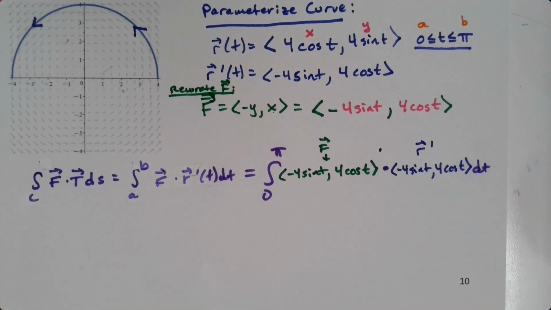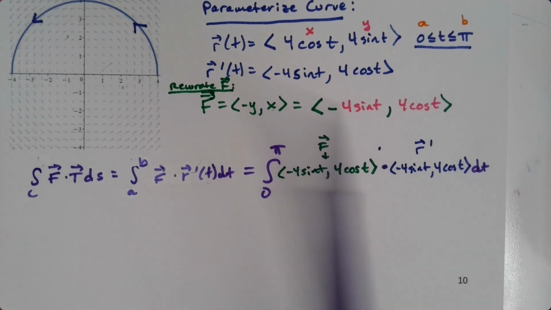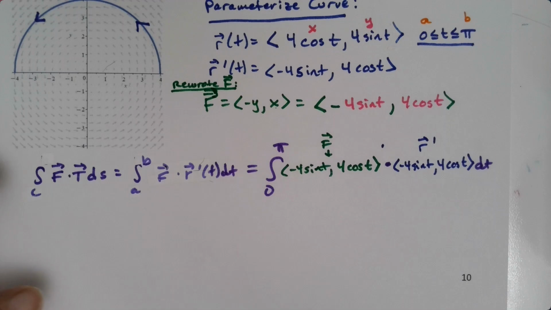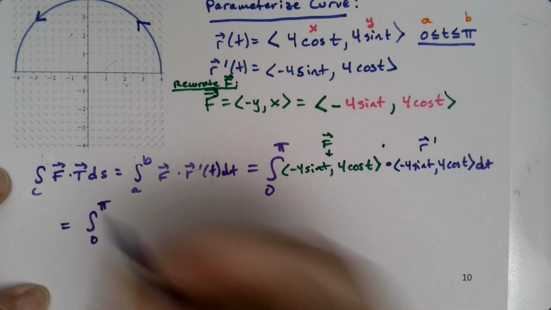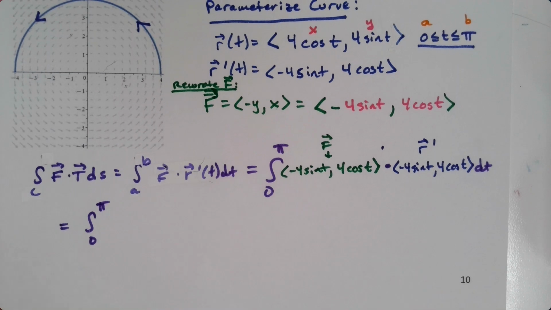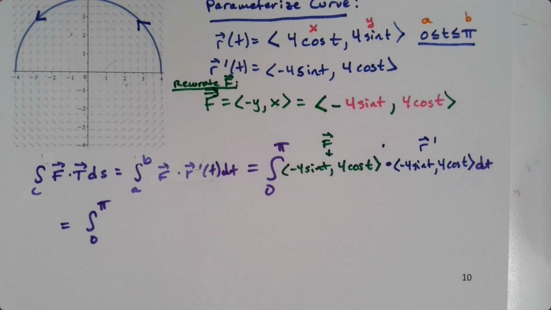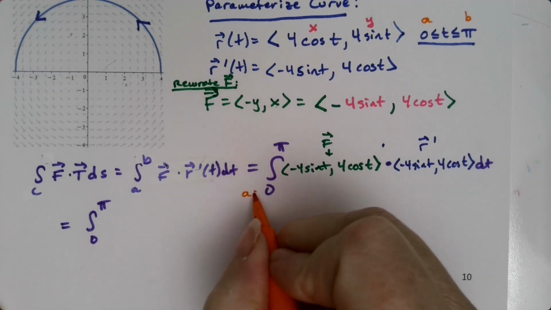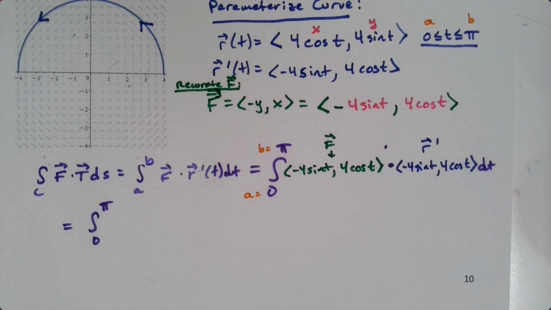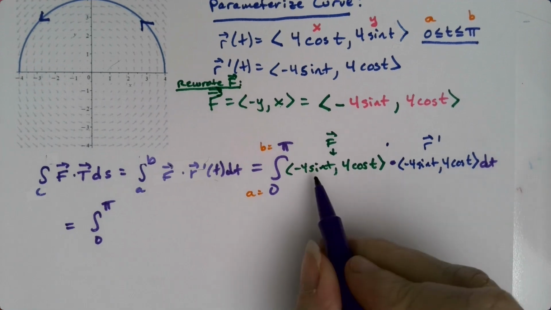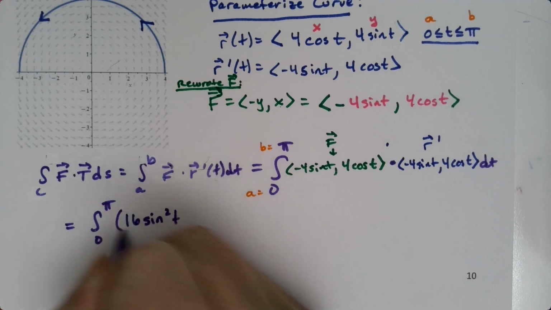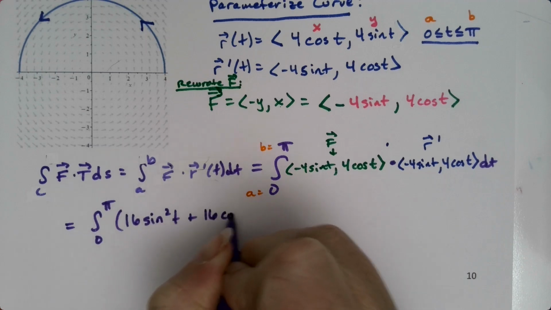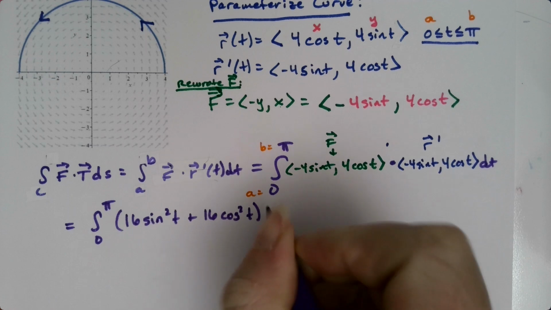All right, so multiplying, negative 4 times negative 4 is positive 16. So this would be the integral from 0 to pi, because that's your a and your b, of 16 sine squared, plus, because it's plus times plus, sorry, 16 sine squared t plus 16 cosine squared t dt.